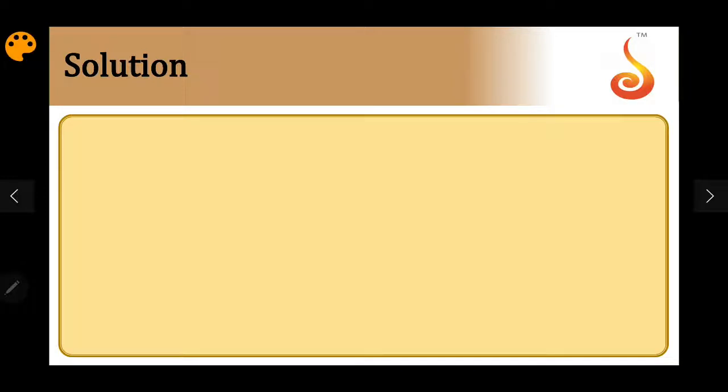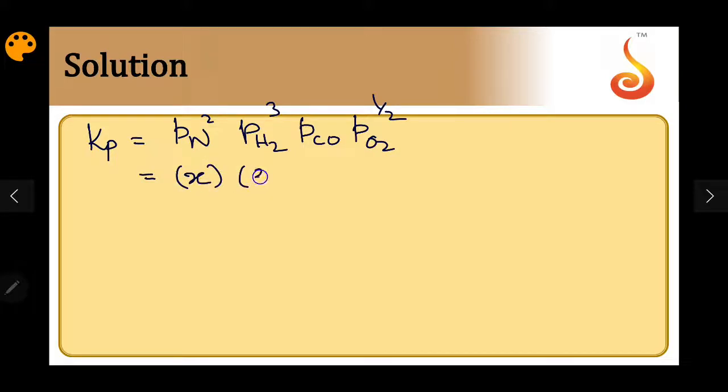So what is Kp? Kp is equal to the partial pressure of N2, partial pressure of H2 to the power 3, partial pressure of CO, and partial pressure of O2 to the power half. So we know the partial pressures. This is x, this is 3x whole to the power 3, this is again x, and this is x by 2 to the power half.